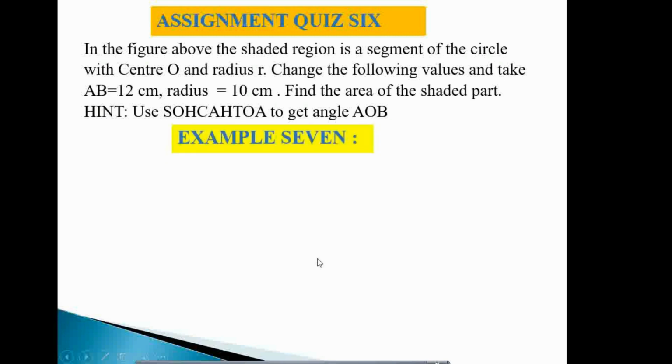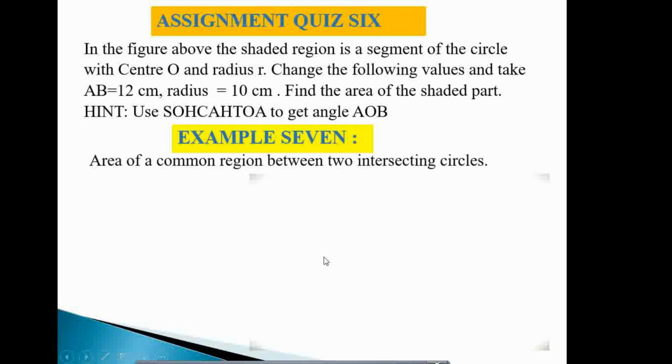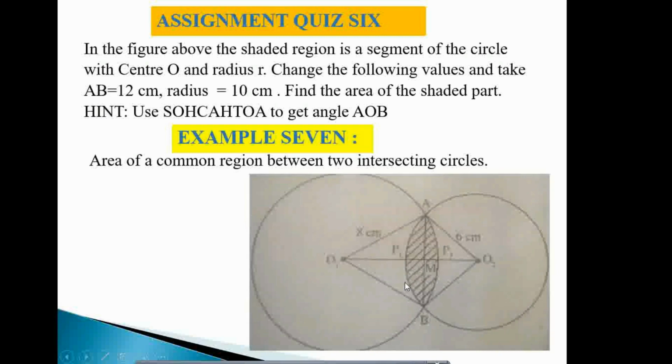So let's look at example 7, which will give us question 7. In example 7, we look at the area of a common region between two intersecting circles. You can see these are two circles, and there's this region where the two circles are intersecting.